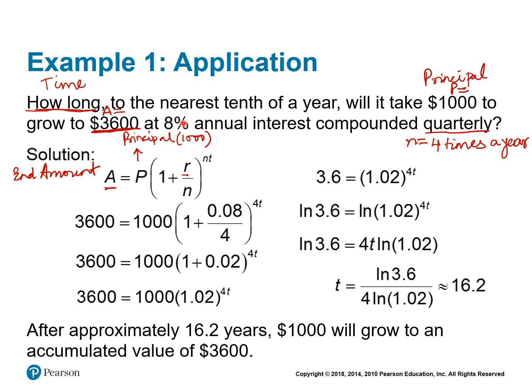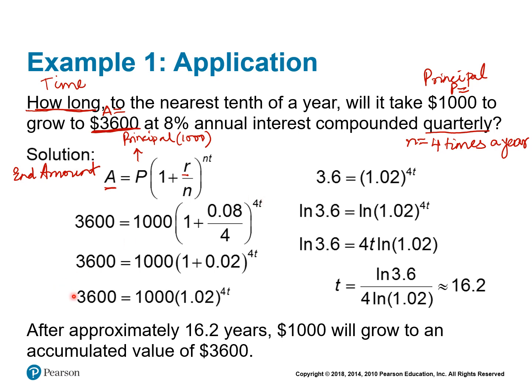You have to convert that to decimal, so 0.08 divided by 4, where 4 is the number of times the interest gets compounded. In the exponent we plugged in the same 4 for N, but T is what we need to find out. So we don't have a value for T.